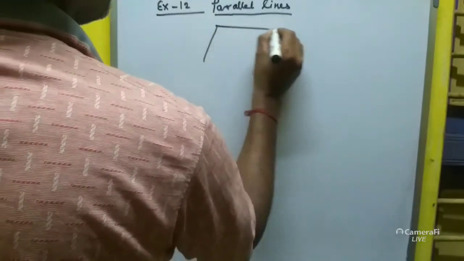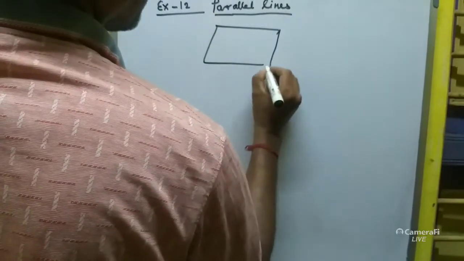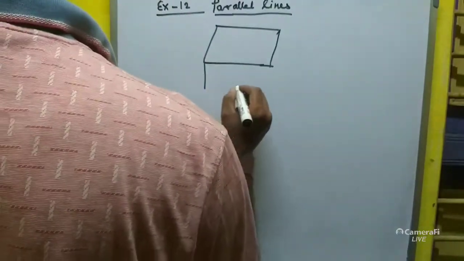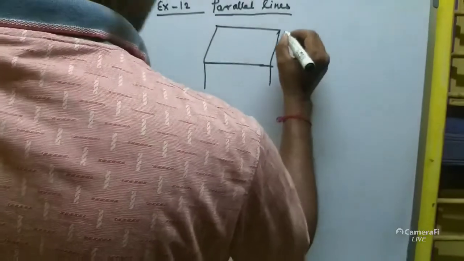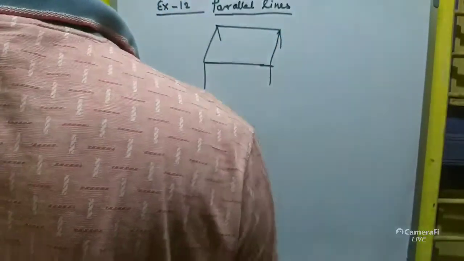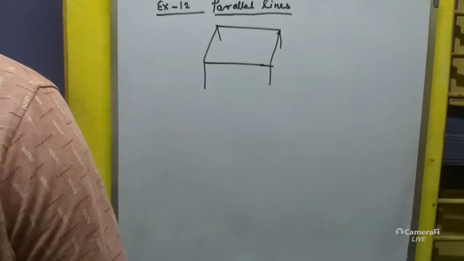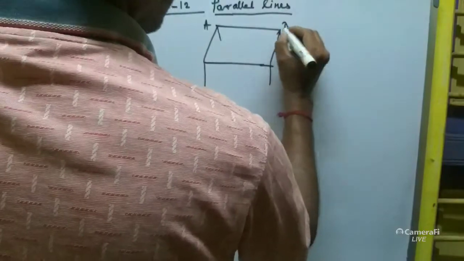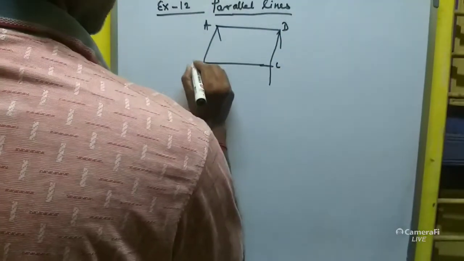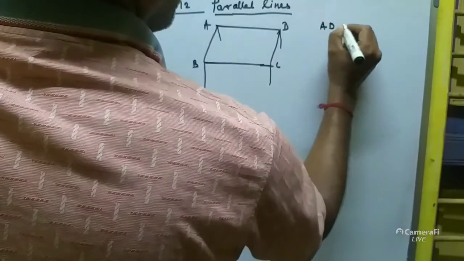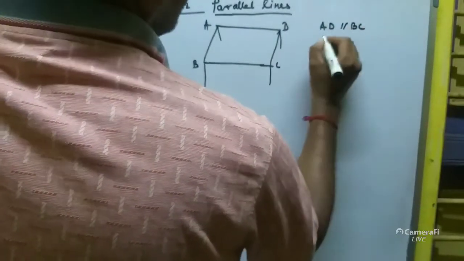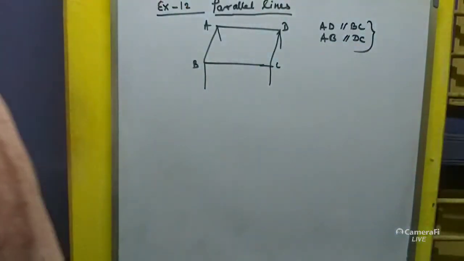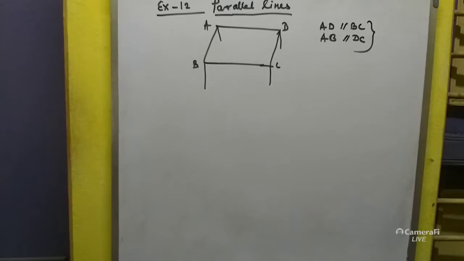Look at it, this figure is given in this way, like a table. If you find out A, D, C, B is given, then AD is parallel to BC and AB is parallel to DC. So these are the parallel lines you can find out. Very easy, this one.